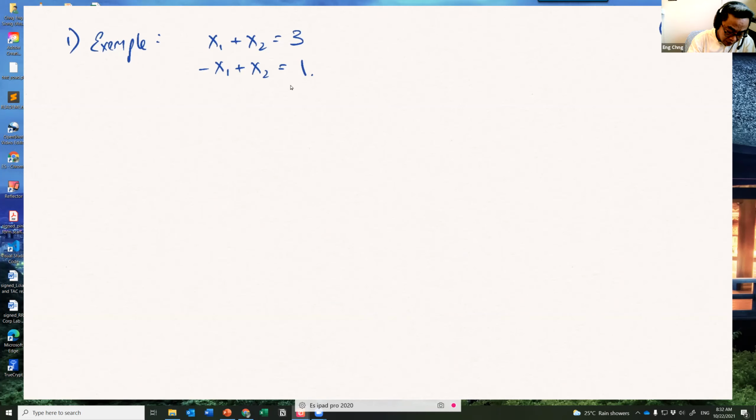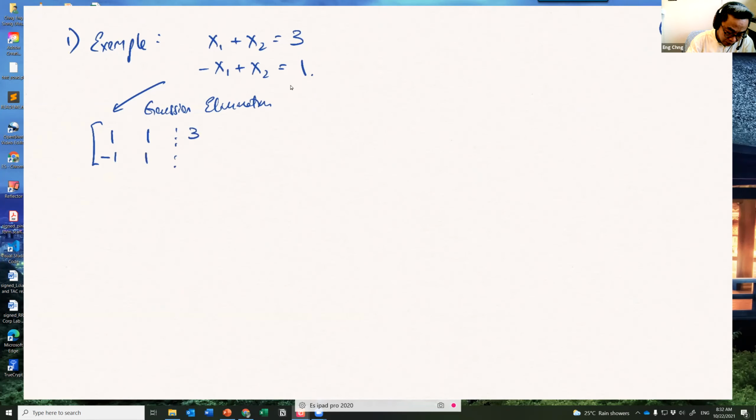And of course, in the initial part of your learning, we solve it in this way. We use Gaussian elimination and we put the augmented matrix in the following manner. 1, 1 represent the first equation, the coefficients of the first equation. 3 represents the value associated with the first equation.